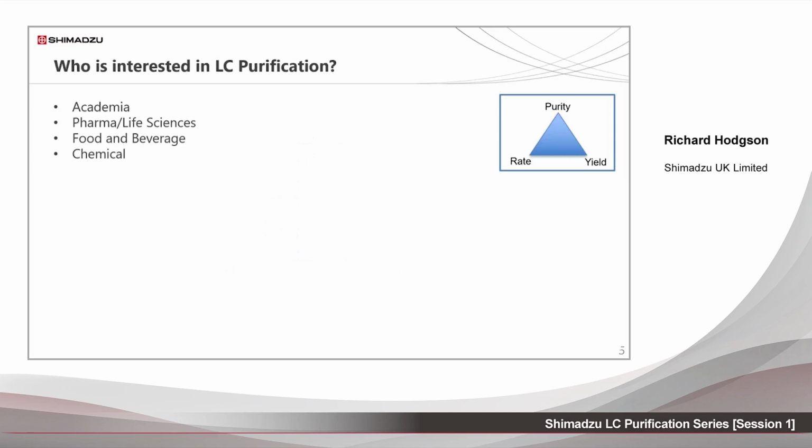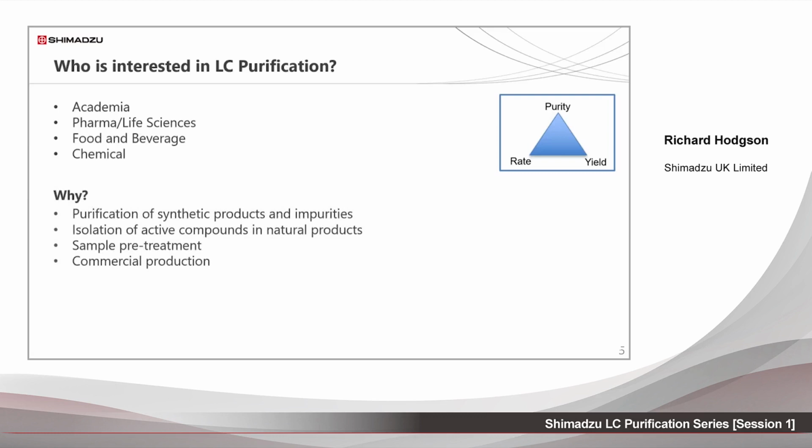Who is interested in LC purification? Academia, pharma and life sciences, food and beverage industry, and also the chemical industry. Why? They may be interested in the purification of synthetic products and impurities. They may want structural or biochemical analysis being done, or they may require enough high purity material for the next synthetic step.